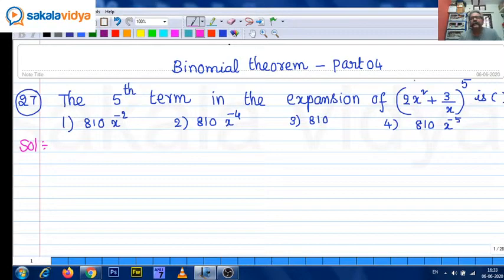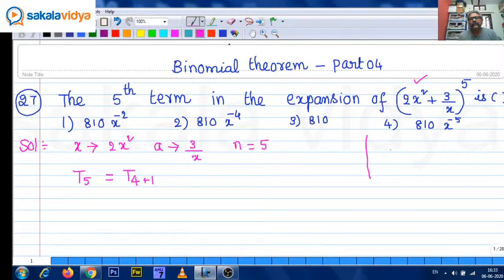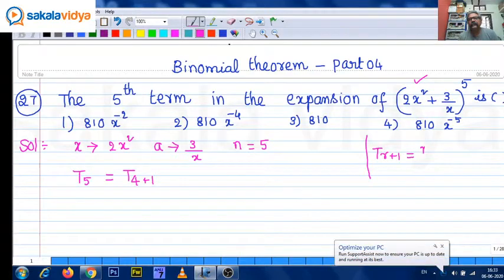So in this expansion, x for 2x square, a for 3 upon x, n equals 5. Fifth term you need to find out. That means t5. This t5 we can write as t4 plus 1, because we know the general term formula: tr plus 1 equals ncr x to the power of n minus r and a power r.